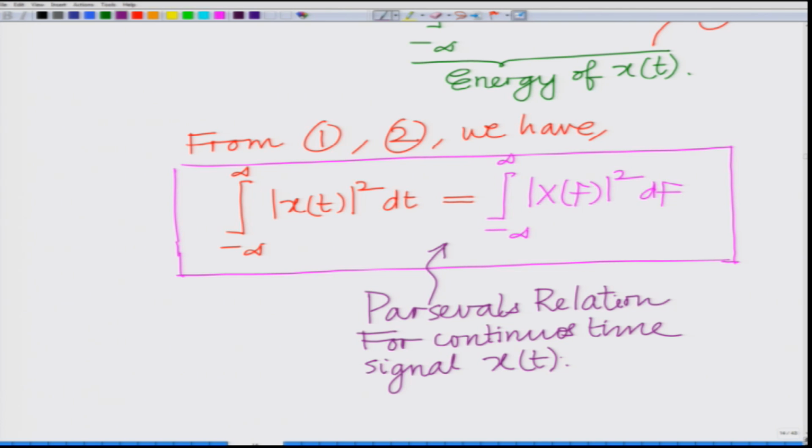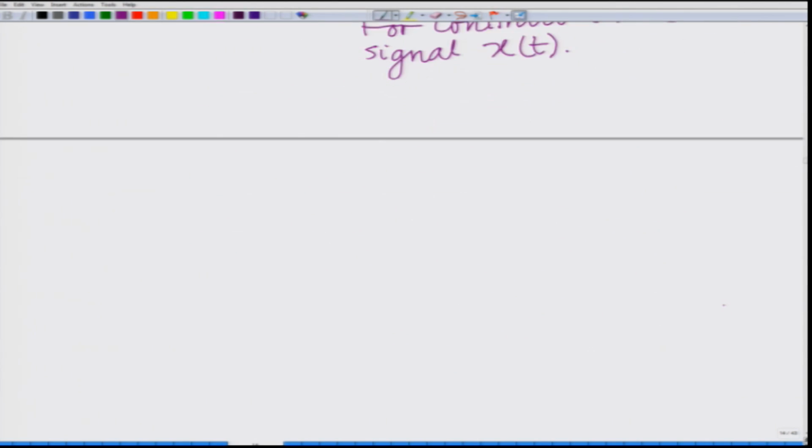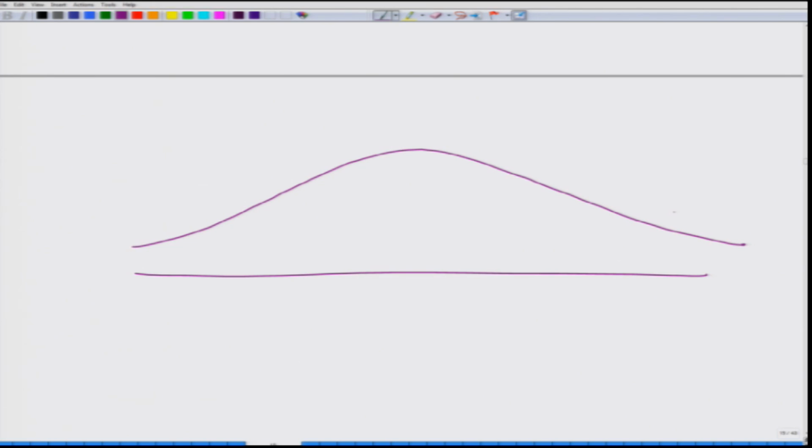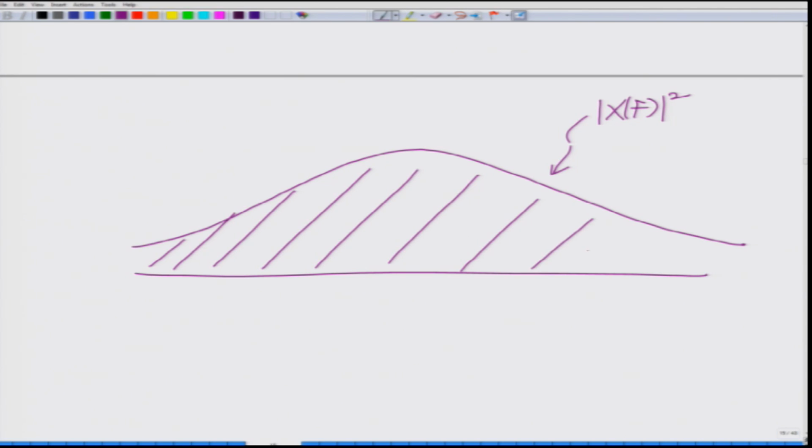Now, what you can see is, if you look at magnitude X(f) squared in the frequency domain, let us say this is your magnitude X(f) squared, and this is your frequency axis.